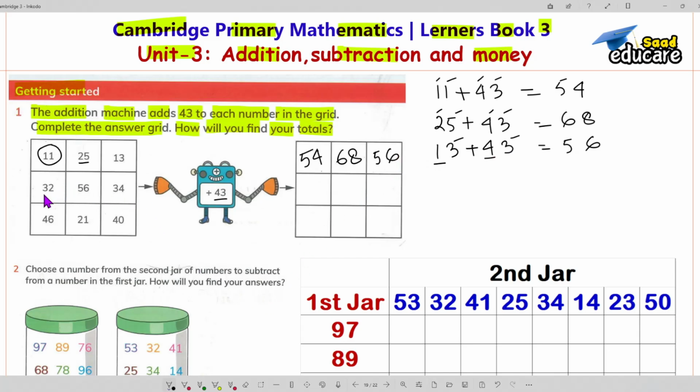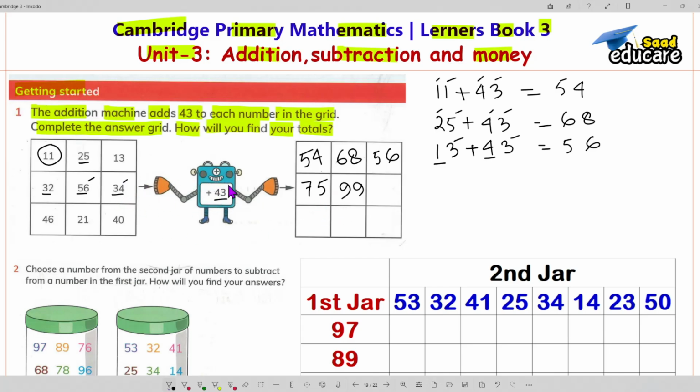Similar, 32 plus 43. So 3 and 2 we can write 5, and 4 plus 3 is 7. 56 plus 43. First 6 then 3. 6 plus 3 is 9 and 5 plus 4 is again 9. It will be 99.